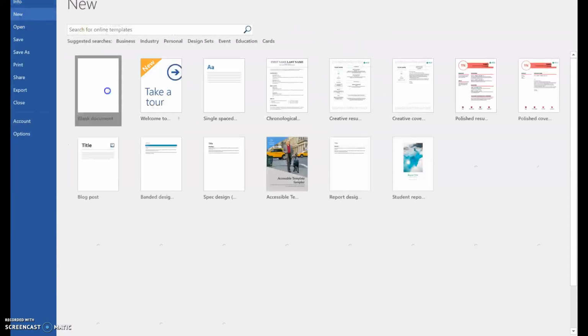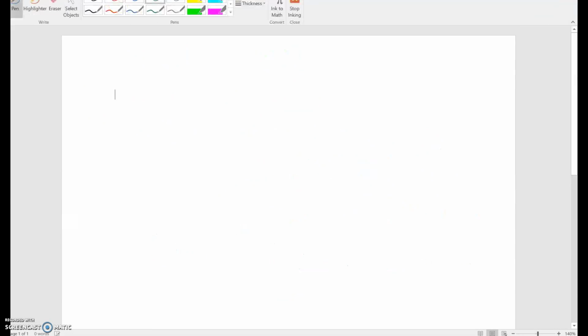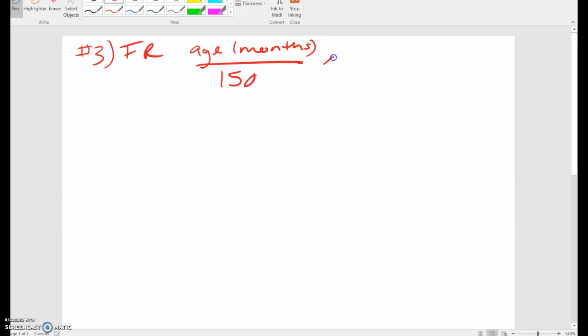I'm going to use a new document here to keep going. The third pediatric formula that you learn to use is the what? Fry's rule, where you take the patient's age in months over 150 and multiply it by the adult dose.